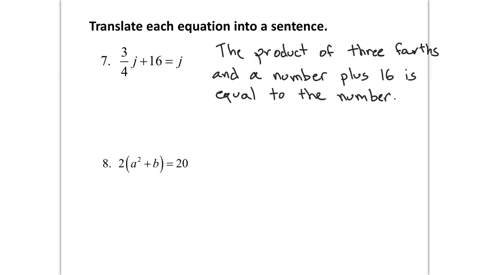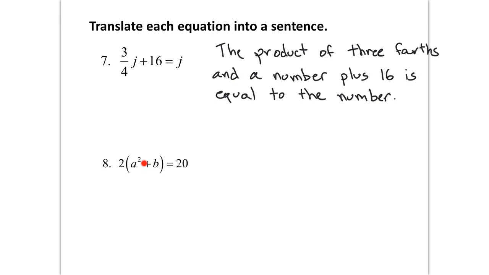Now let's go ahead and look at the next equation, number 8. You have 2 times, remember there's nothing in between, so you are multiplying, 2 times the quantity, or you can say parentheses, 2 times parentheses a squared plus b equals 20. So I know I'm going to have to say multiplication. I know I do have an exponent of 2, so I'm going to use the word squared.